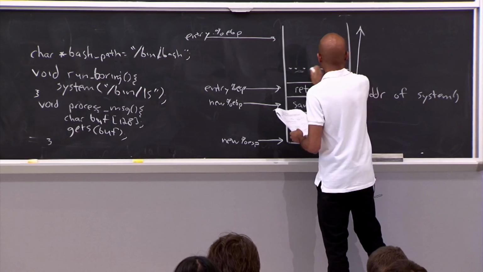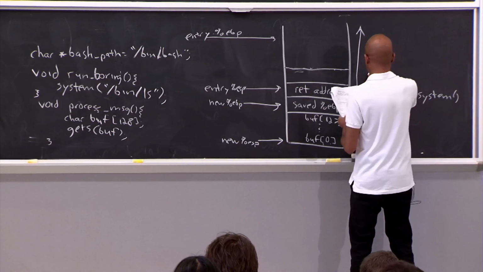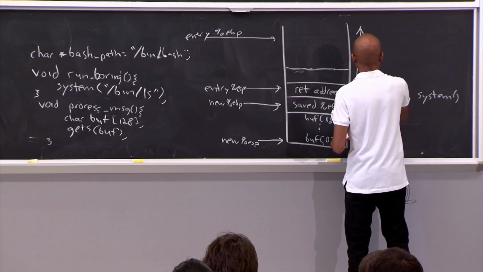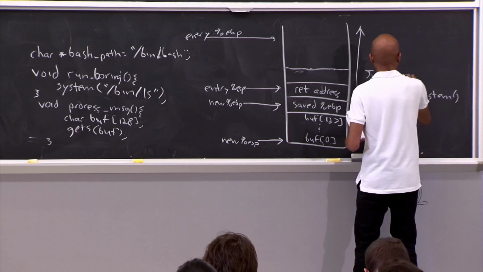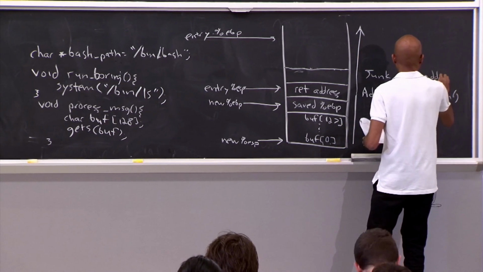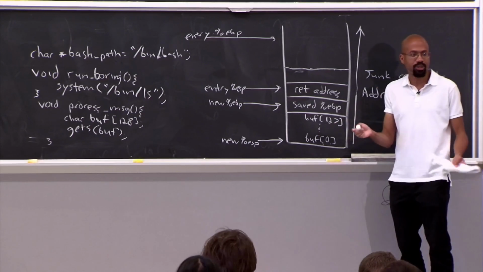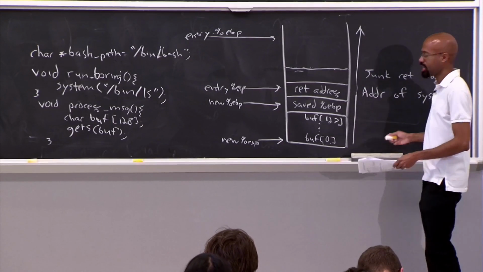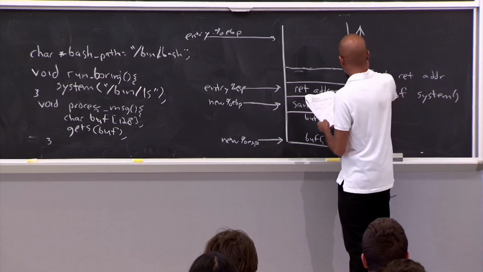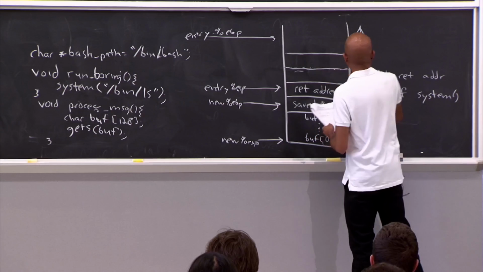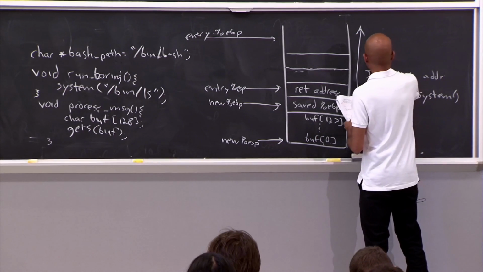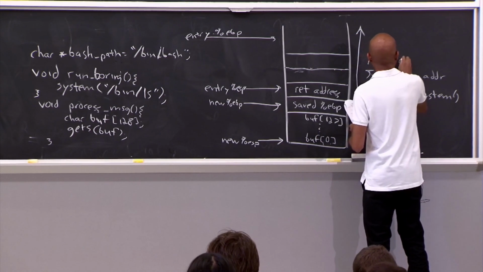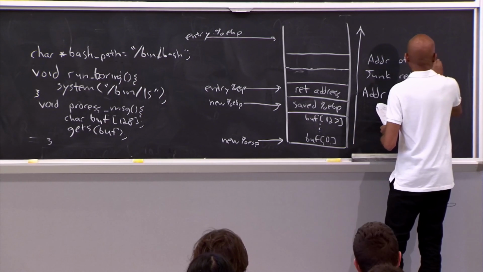And then here, we're going to put just some junk return address. Right, this is where system's going to return after it's finished. For the purposes of the discussion now, we don't care what this is. We'll just make this be just some random set of bytes. And then up here, we're actually going to put the address of bash path.